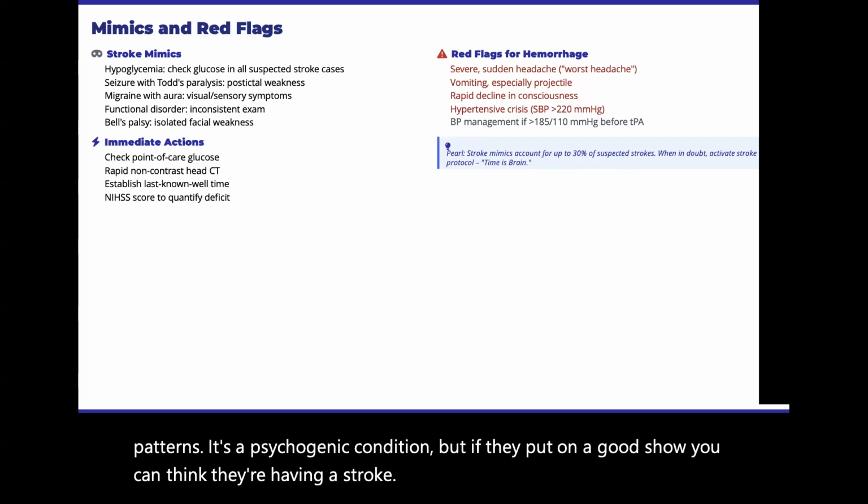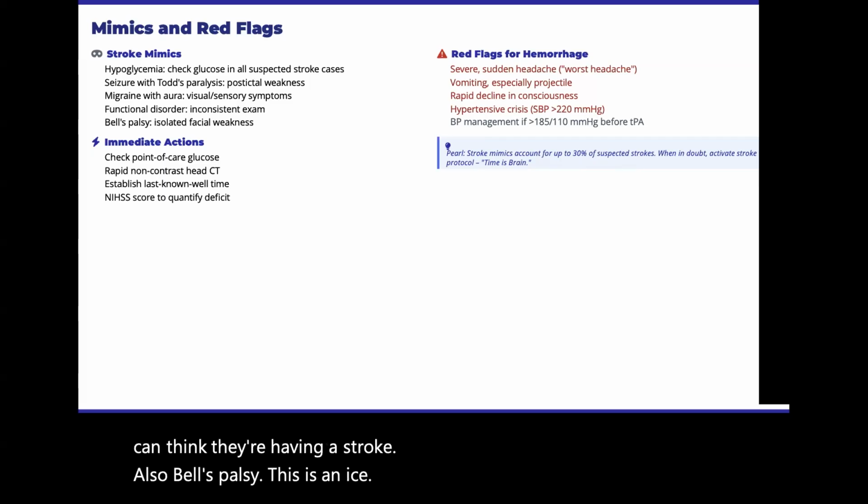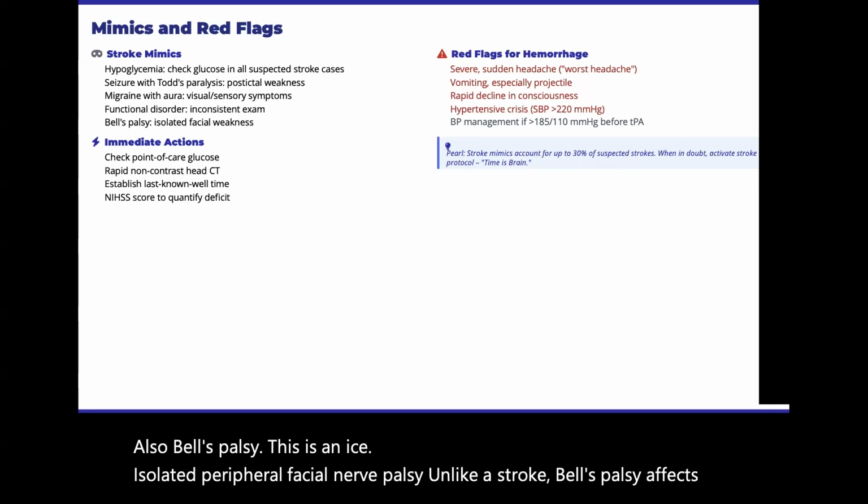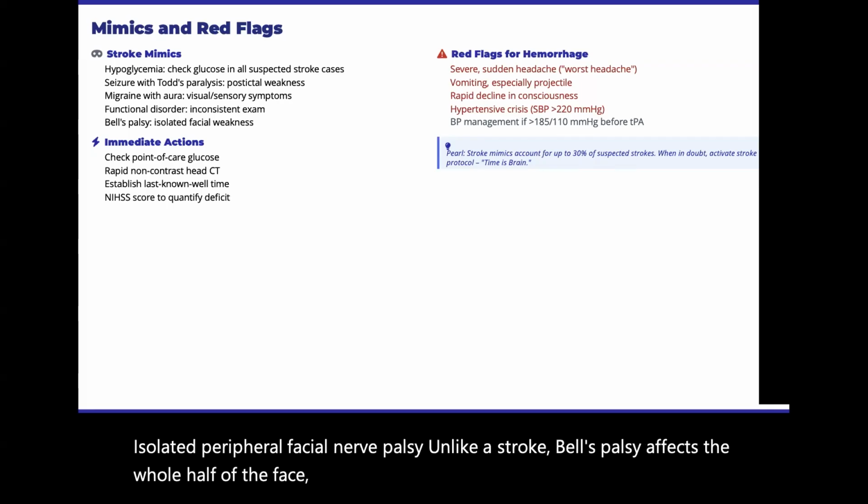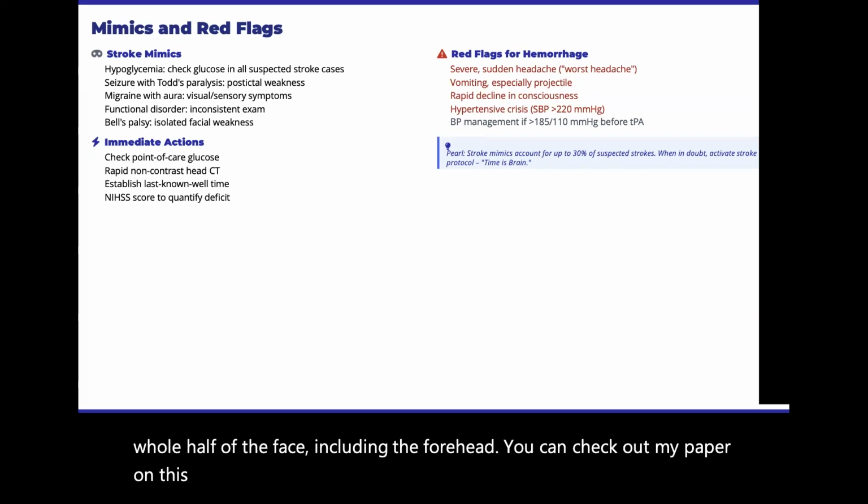Also, Bell's palsy. This is an isolated peripheral facial nerve palsy. Unlike a stroke, Bell's palsy affects the whole half of the face, including the forehead. You can check out my paper on ethylene glycol intoxication causing cranial nerve deficits, which cause that anion gap.